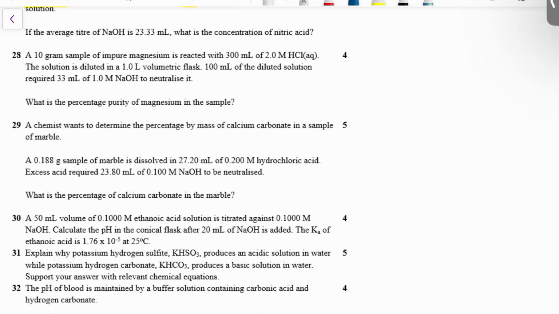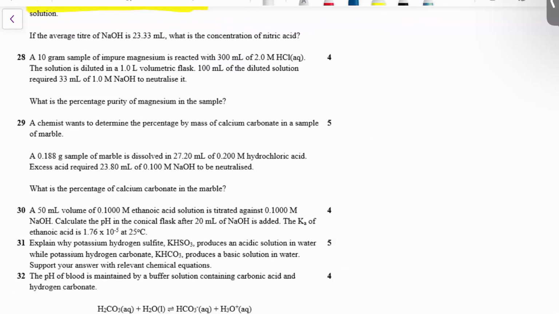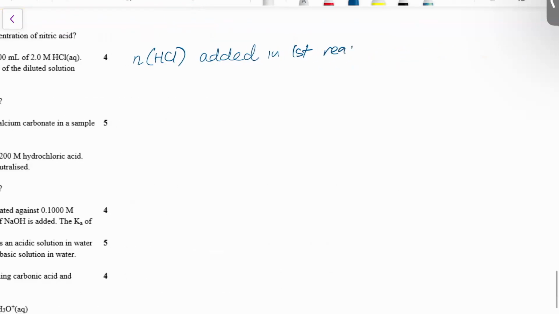You know the moles of HCl that you add to the first reaction, but it's added in excess. So that's not the amount that actually reacts with the magnesium. So you're looking for moles of HCl added in the first reaction. Be careful about using the word added, because that's not the same thing as titrated, or as reacted, because it's added in excess.